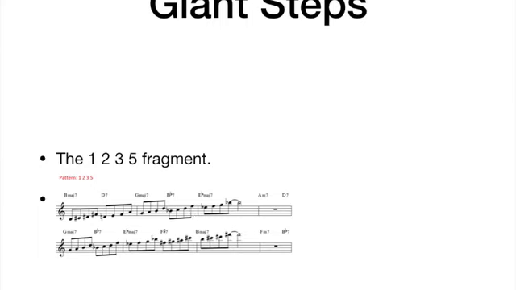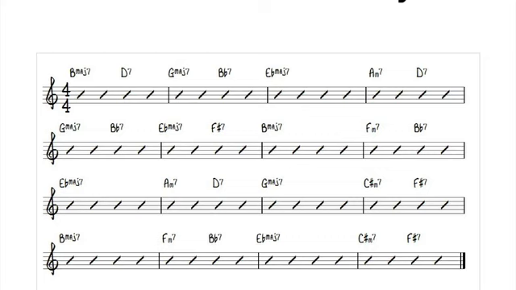My approach I call diatonic parsimony. What that is, is linking each chord scale as smoothly as possible. To do that, I group all of these chords into their diatonic collection, so to which major scale they belong.